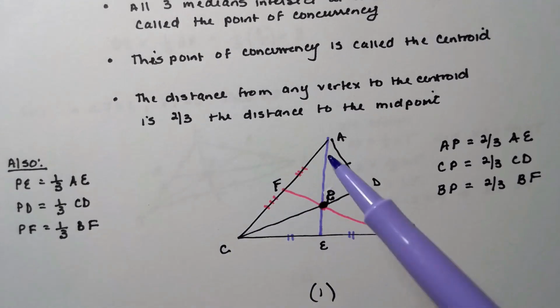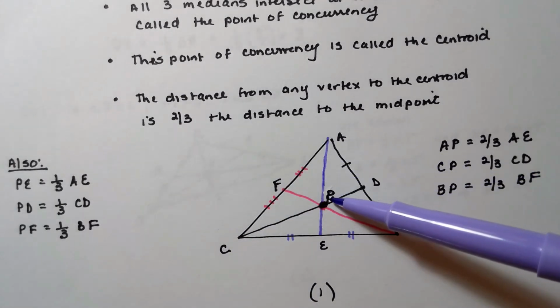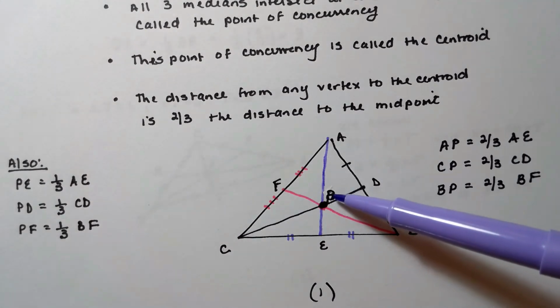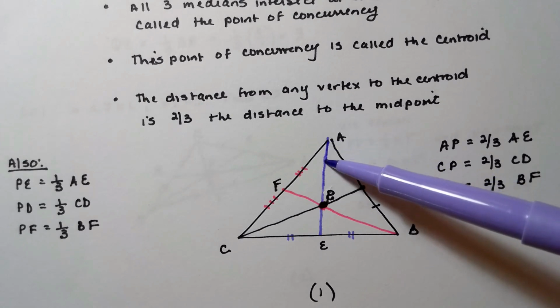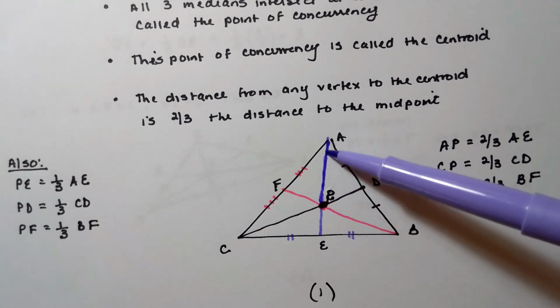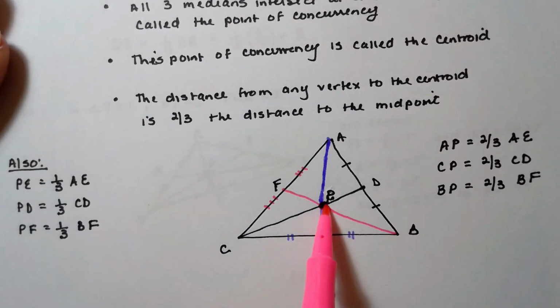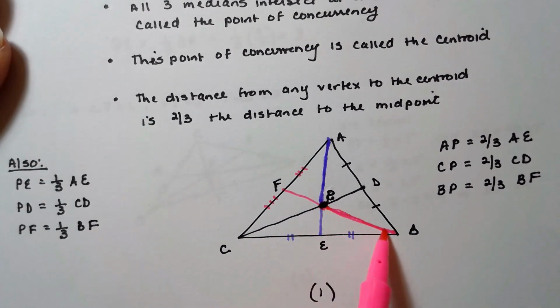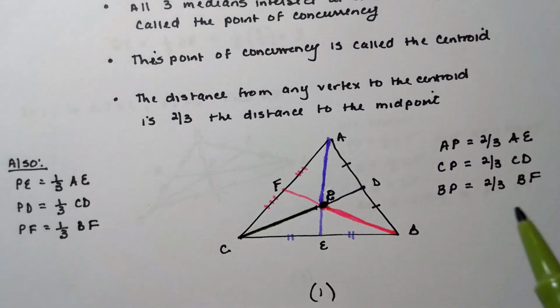So the distance from any vertex to the centroid, so from here to here, this is P, by the way, I know it's kind of sloppy, but this is a P. The distance from any vertex to the centroid is 2/3 of the whole segment.